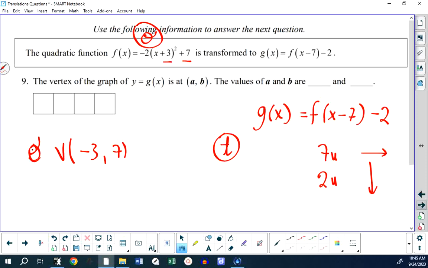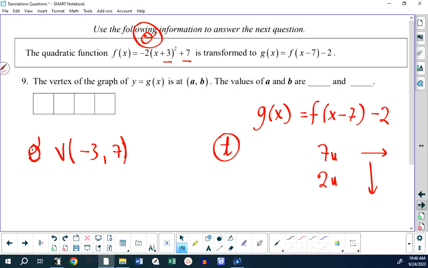You didn't use H and K, you used P and Q, but you should be able to look at that and say that the vertex of that function is at H comma K. Or if you want, P comma Q. H is -3, K is 7. Or P is -3, Q is 7 if you're stuck in a Math 20 mode, and that's fine.